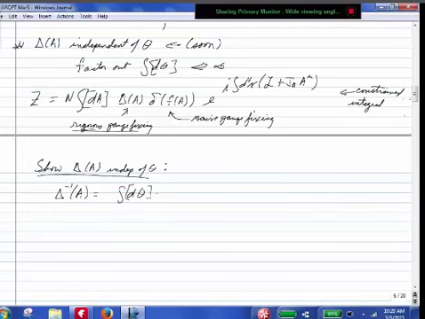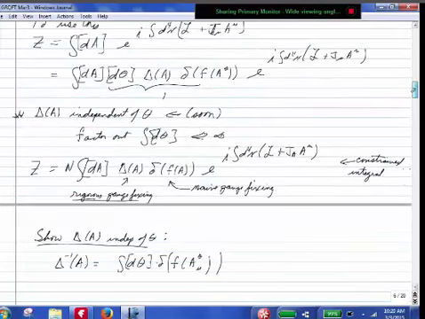Show that delta of A is independent of theta. Well, it's a little bit of a fussiness. It's basically what I just said above, is that they're all related by symmetry, so they're all the same. But let's just do one.